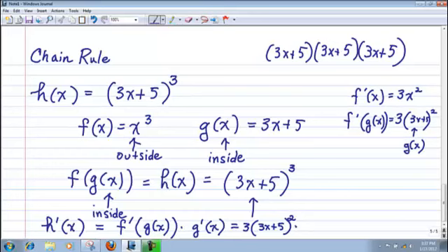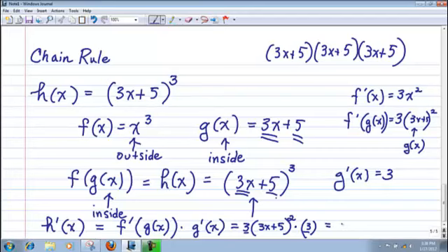To finish taking the derivative, I simply multiply this by g prime. So g prime is just 3 because I take the derivative of 3x, which is 3. The derivative of my constant 5 is 0. So I'm going to multiply my expression here to complete my derivative by g prime, which is 3.